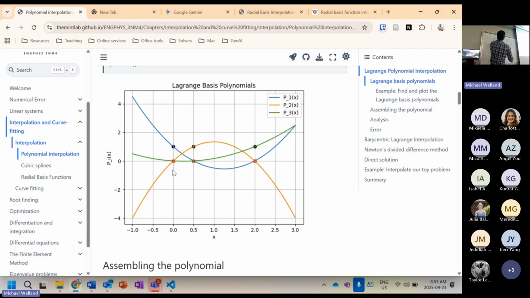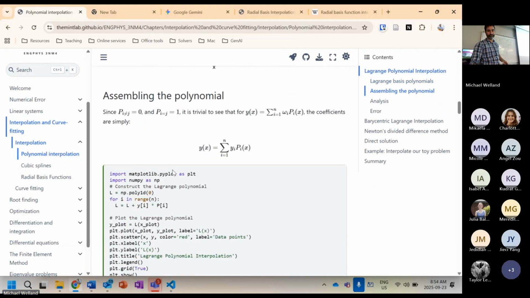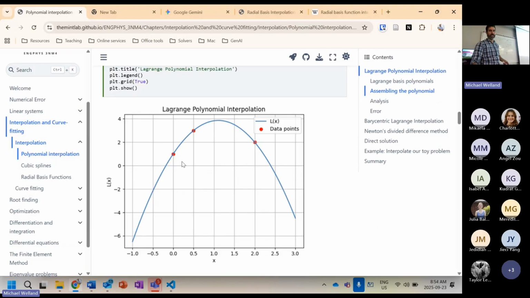So this is equal to our first data point, and that's equal to our something. The nice thing is that calculation of those weights is super trivial. They are verbatim just your measured y values, once you've constructed these polynomials. And sure enough, this is the polynomial that we get when we apply that. So far, so good?